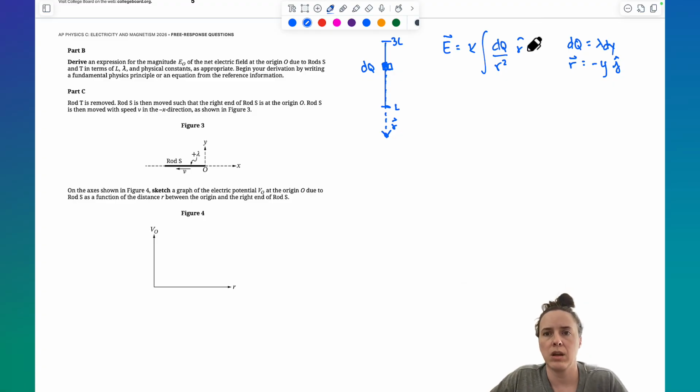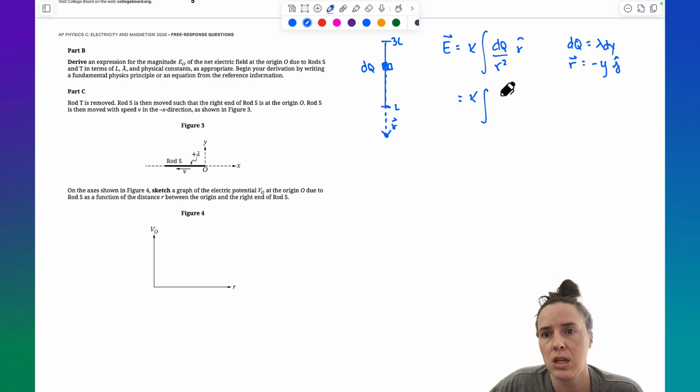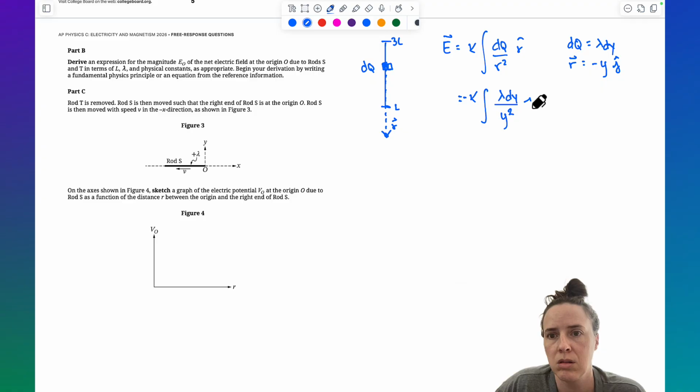So that tells me that my electric field is going to be in the y direction, which is what we expected. So if we put that all together, we get k integral dq was lambda dy. My r squared is going to give me a y squared. Oops, that should be a dy, my bad. And then my r hat, negative j hat.